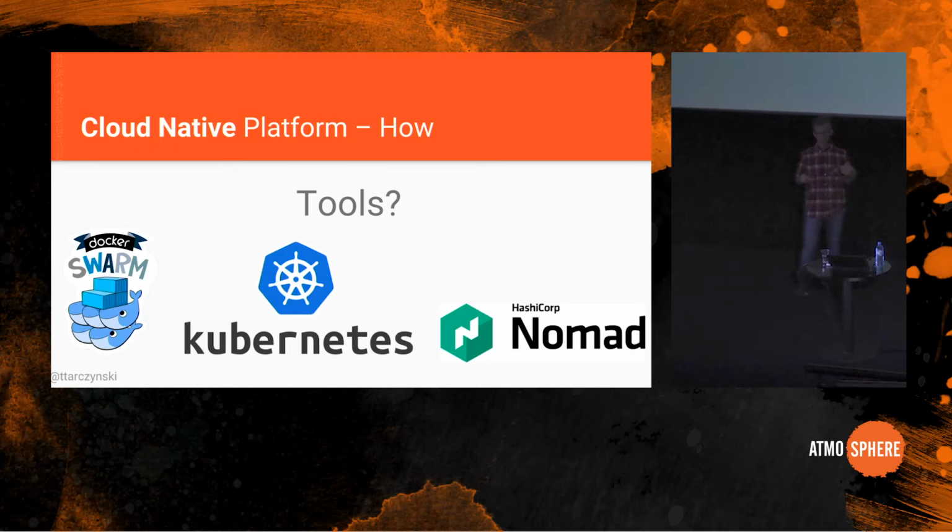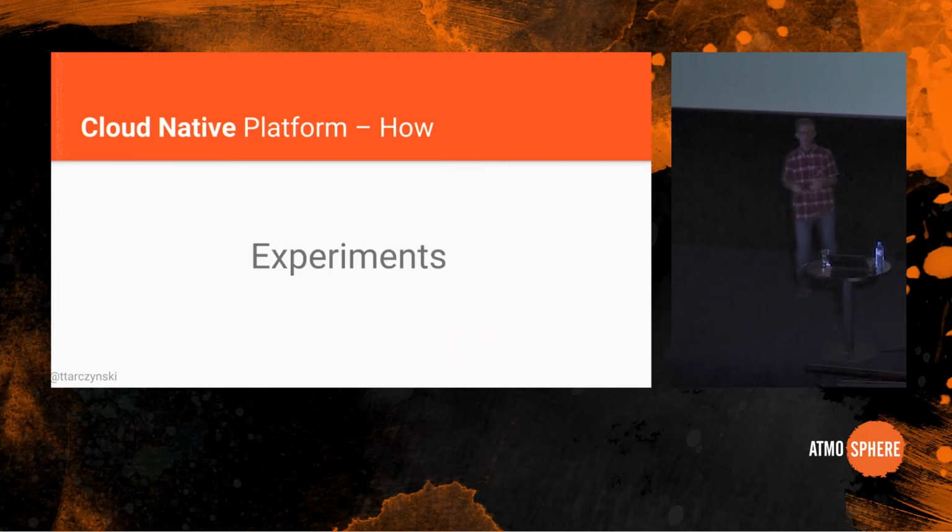So after this discovery of different tools, we decided to continue with some experiments. We decided to go further with Docker Swarm, but just as a platform for our Jenkins tests. What we did was move all of our Jenkins slaves from virtual machines to Docker containers running in a Swarm cluster.